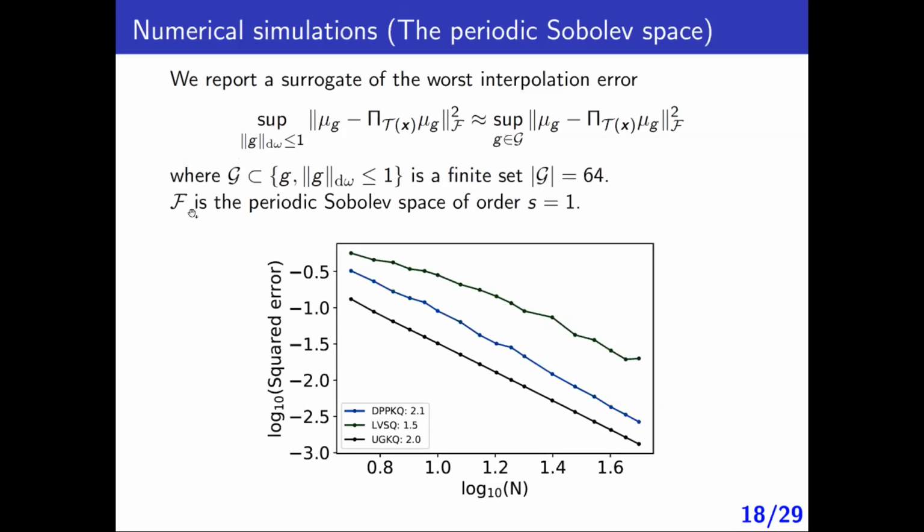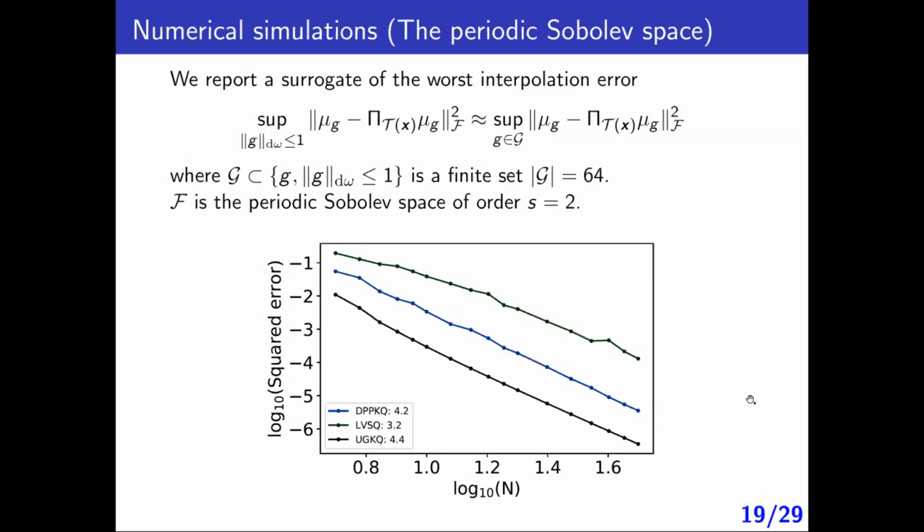Here we consider the periodic Sobolev space, and you can see that the DPP has a rate of n power minus 2s that is only different by a constant compared to the uniform grid. And here we can see uniform sampling or leverage score sampling that is slightly slower than the two.